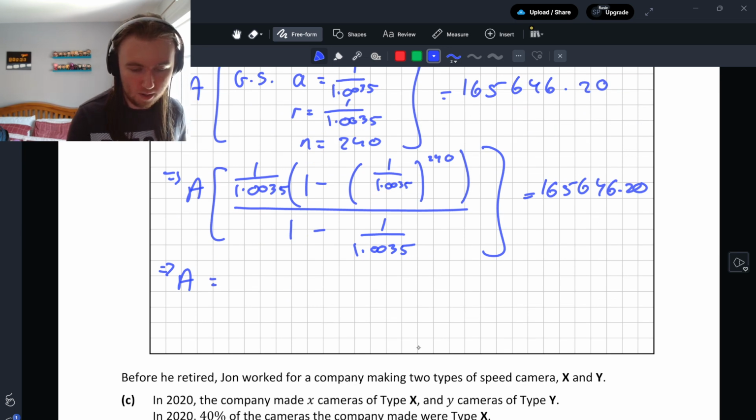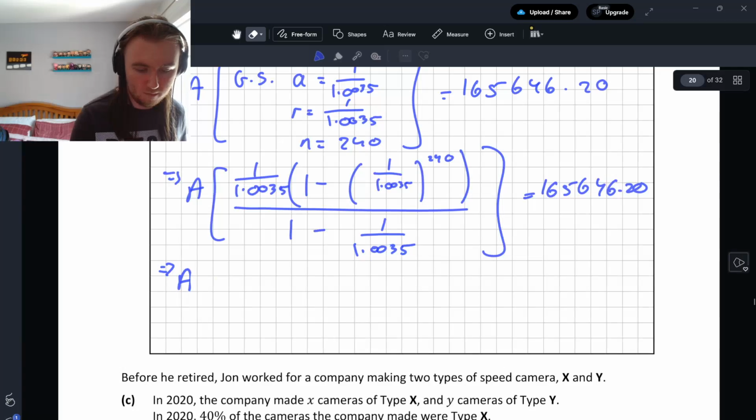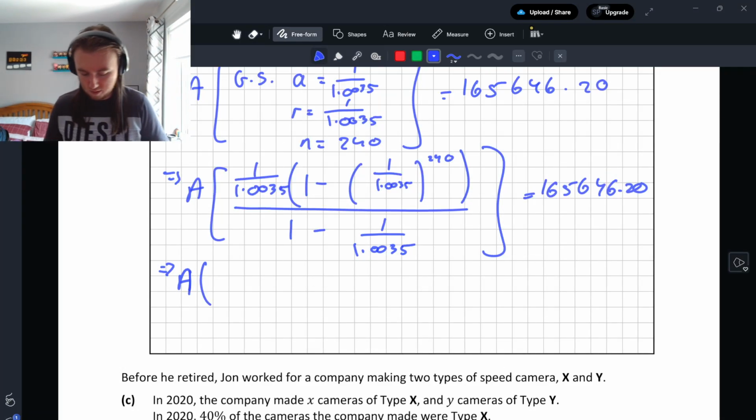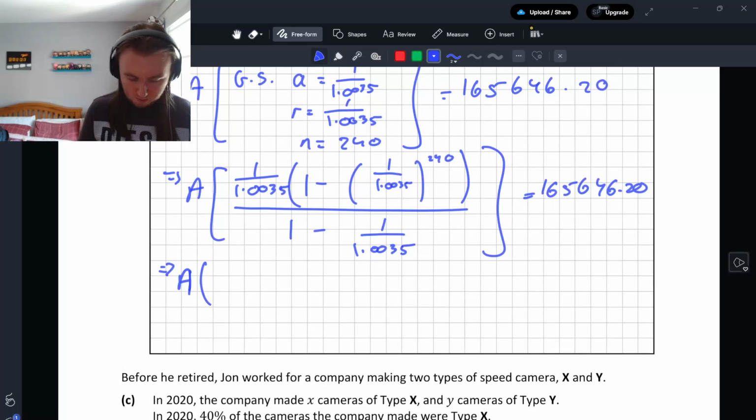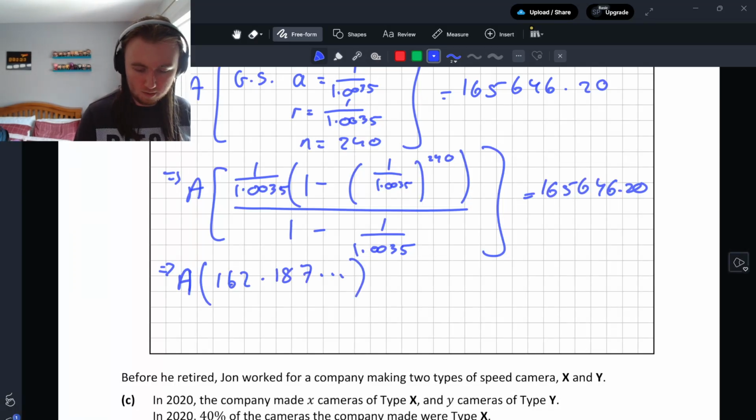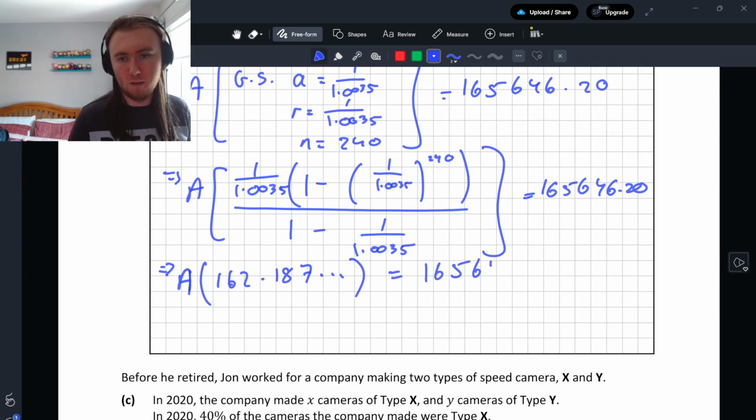Sorry, A times 1 divided by 1.0035. Okay. Answer times 1 minus answer to the 240 all over 1 minus answer, times 162.187 blah blah blah equals 165,646.20.